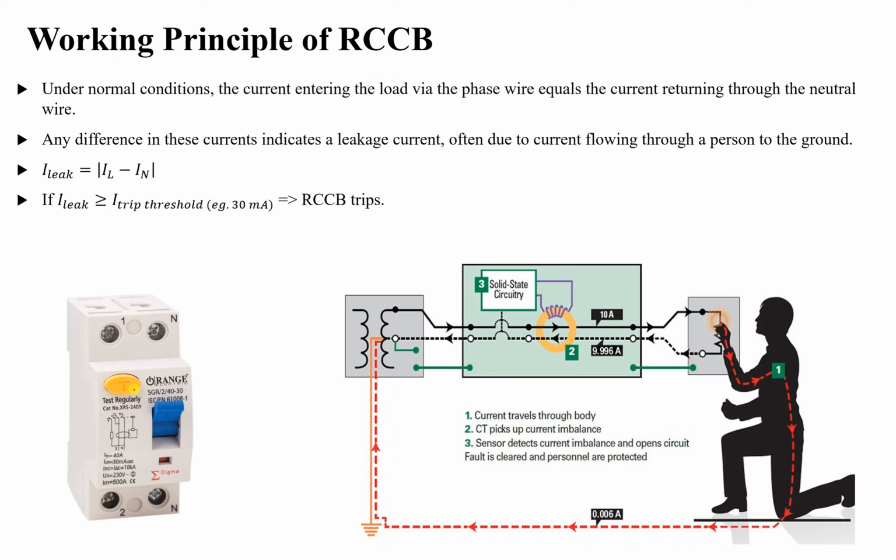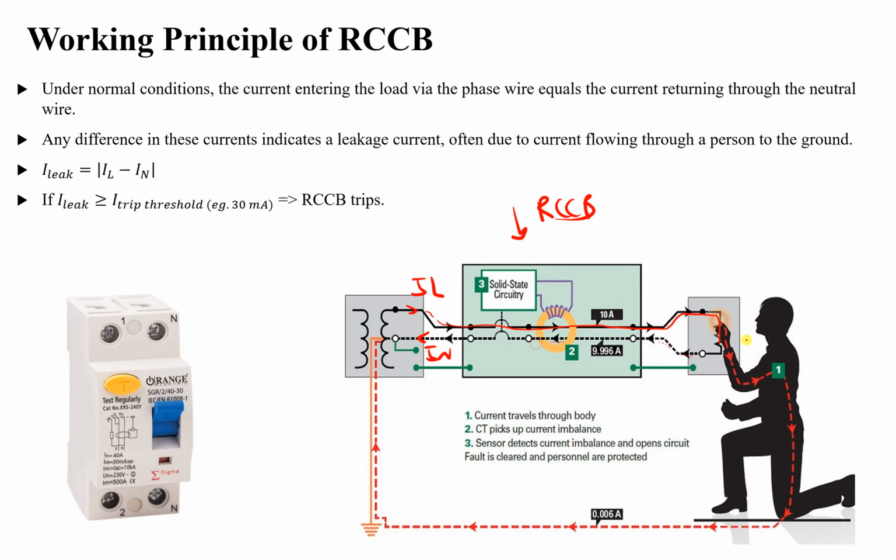Let's see another diagram. So here we have I line, and this is the neutral, I neutral. And this is our RCCB. So here I line goes to our load and then returns back.